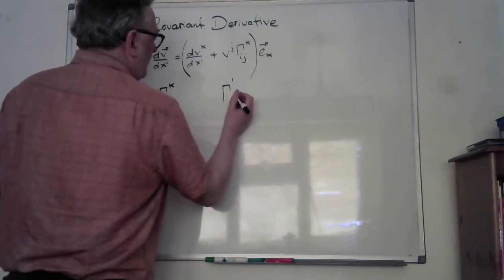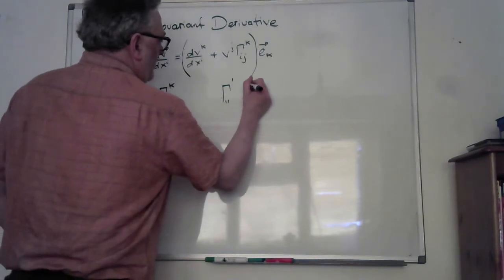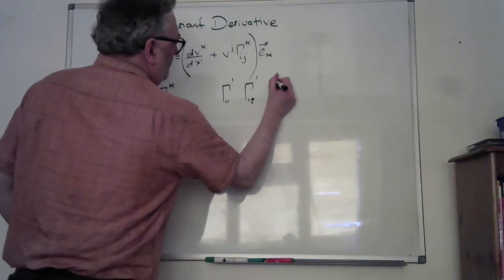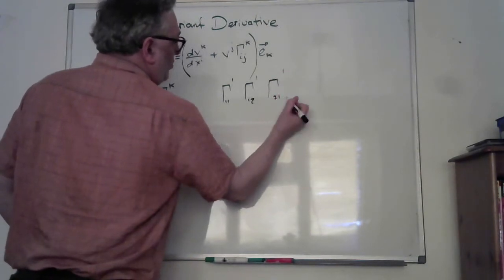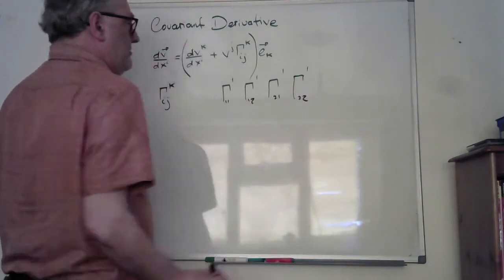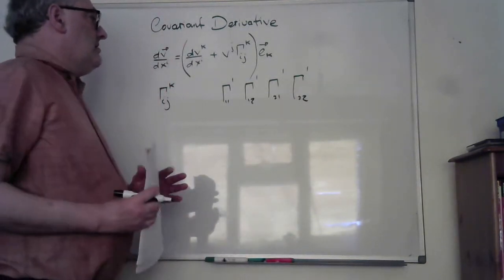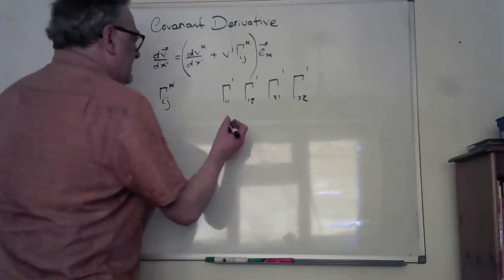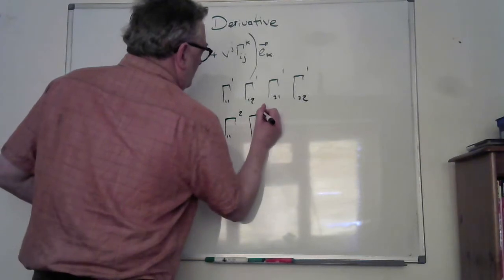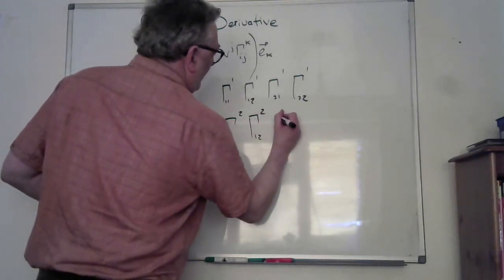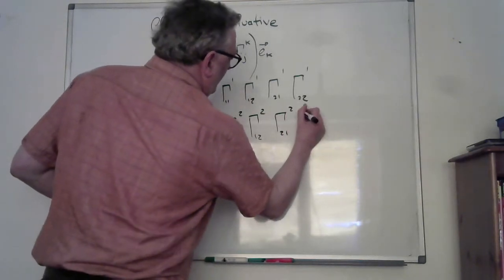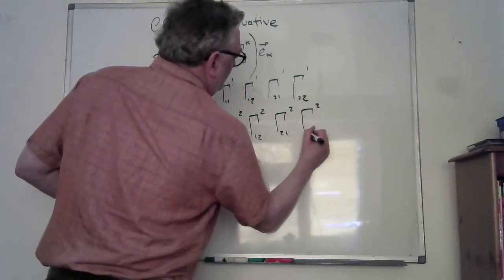You might get gamma 1 1 1, gamma 1 1 2, gamma 1 2 1, gamma 1 2 2. And then what you might get is gamma 2 1 1, gamma 2 1 2, gamma 2 2 1, and gamma 2 2 2.